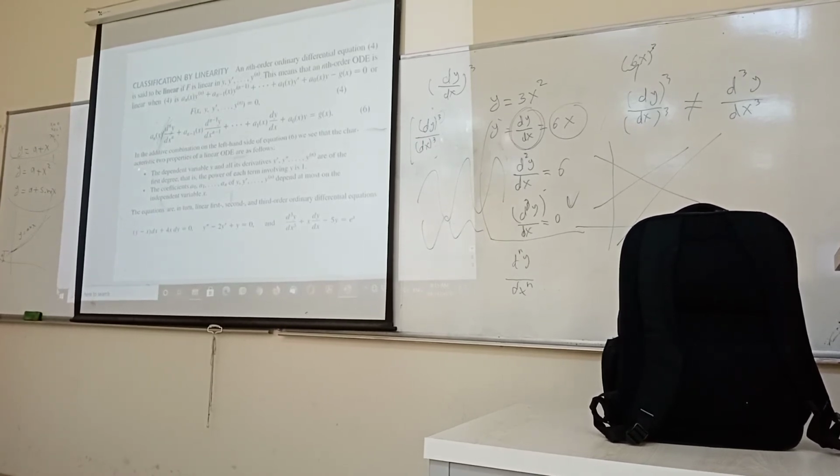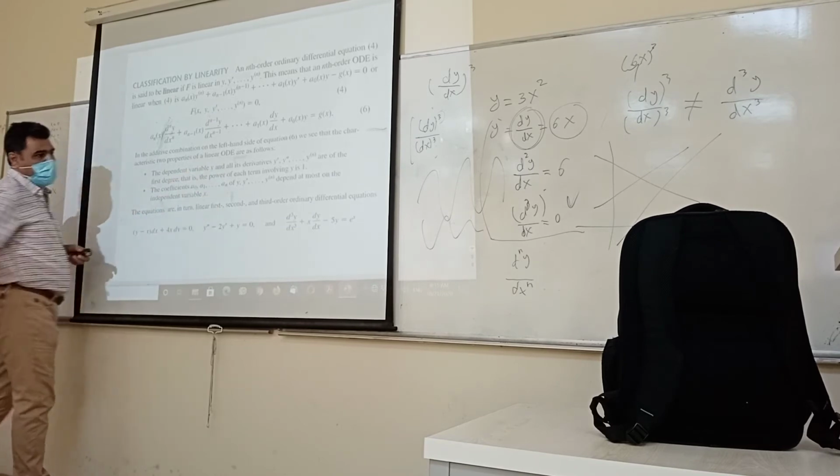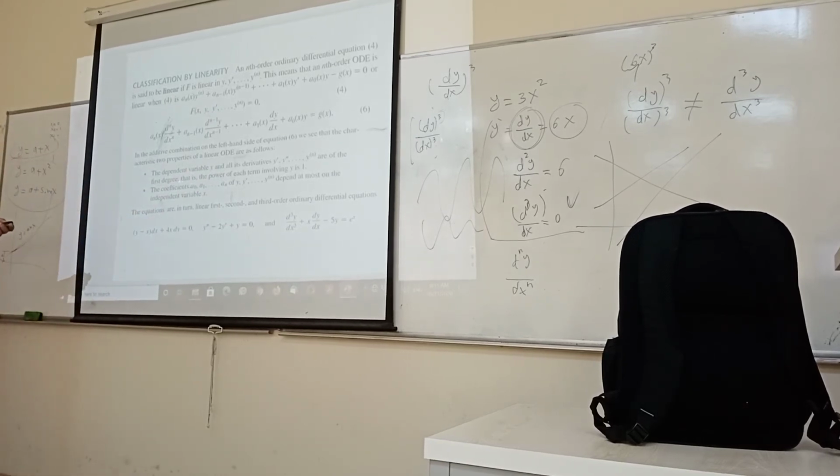Now, in an additive combination of the left-hand side of the equation, the dependent variable y and all its derivatives are of the first degree. That's the power of each term involving y is 1.